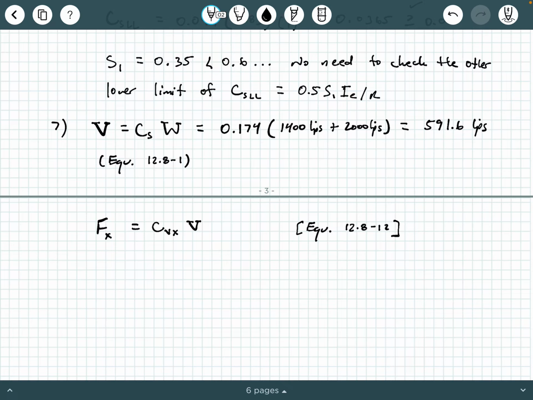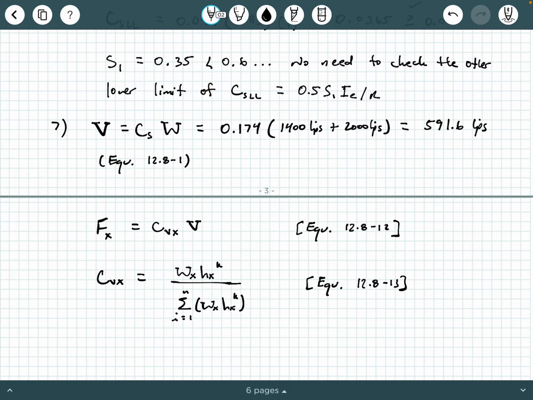So what is C sub vx? C sub vx looks kind of like a scary equation, but it's not that bad. It's W sub x times H sub x raised to the k power, all divided by the summation as i goes from 1 to n of W sub x H sub x to the k. All right. And this is from ASCE 7-22, equation 12.8-13.